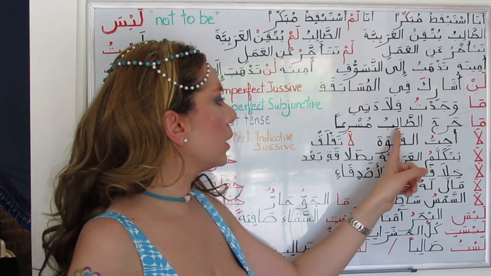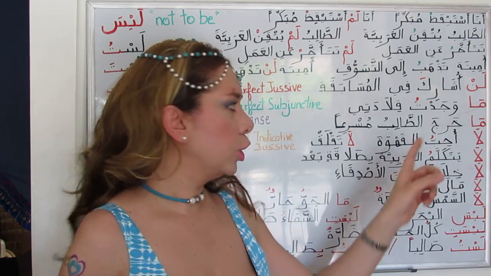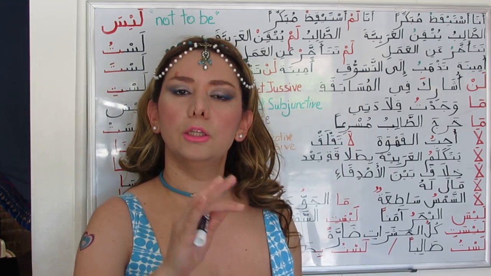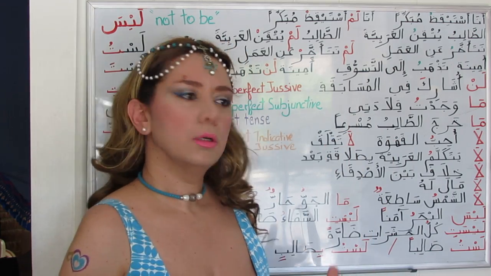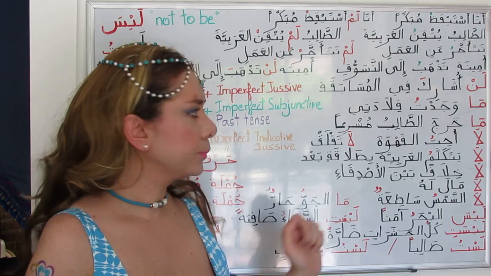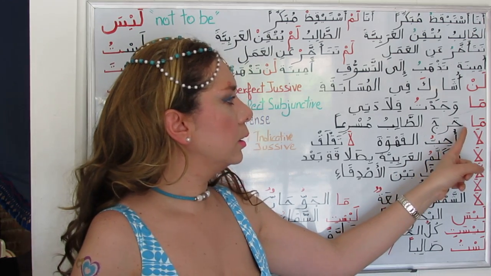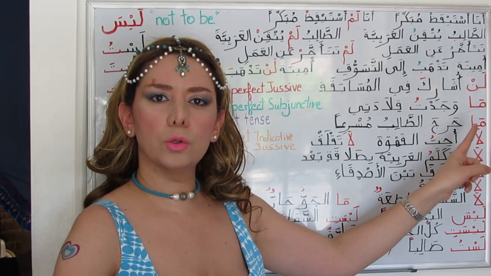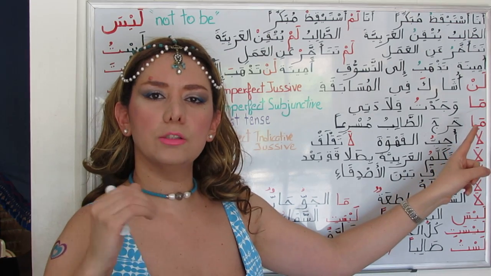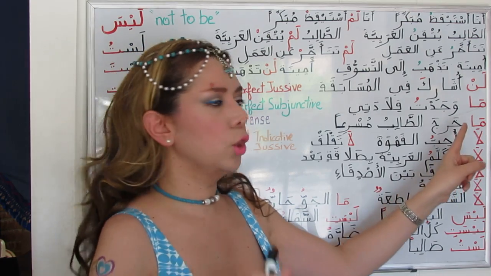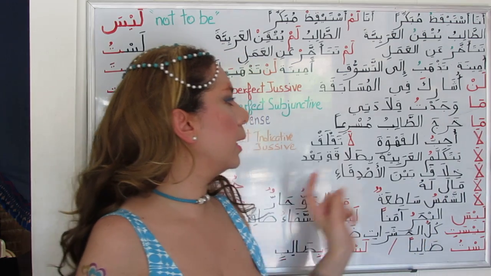ما خرج الطالب مسرعا. The student did not go out in a hurry. Here, خرج, to go out, is conjugated in the past tense, third person singular, هو, he. ما خرج.